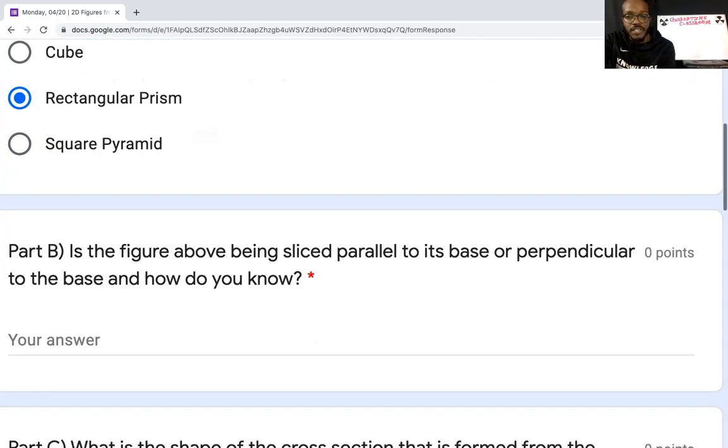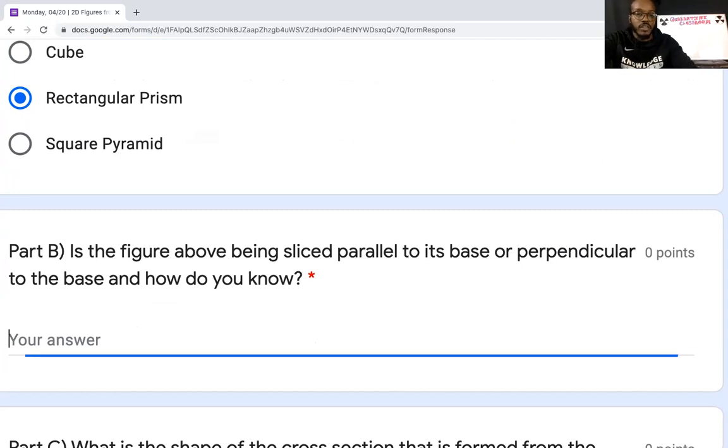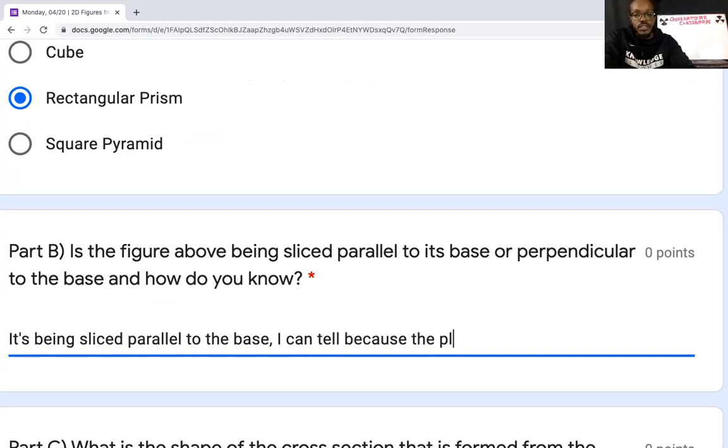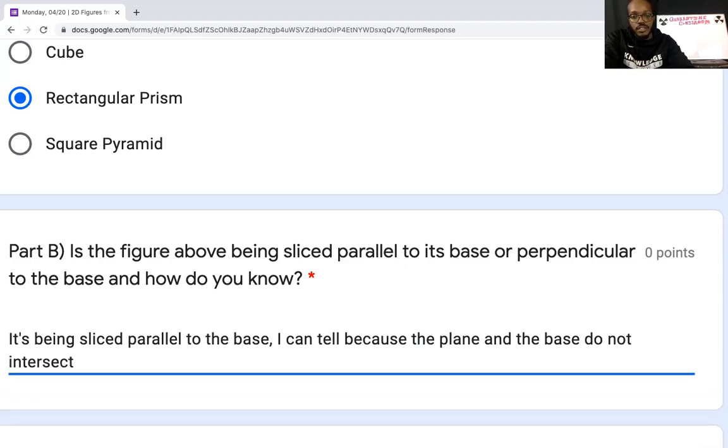Is the figure above being sliced parallel to its base or perpendicular? It's being sliced parallel to the base. And I can tell because the plane and the base do not intersect, and the cross section is the same shape as the base.